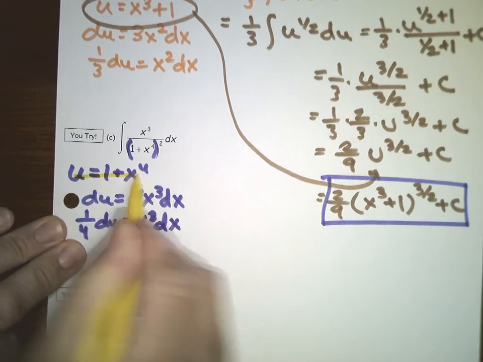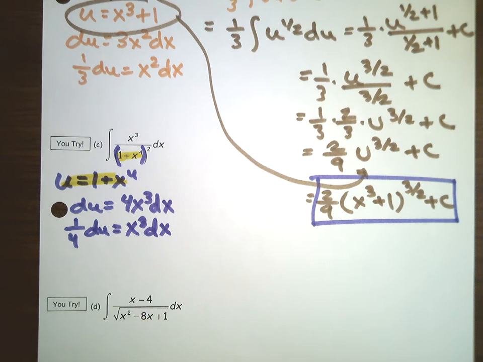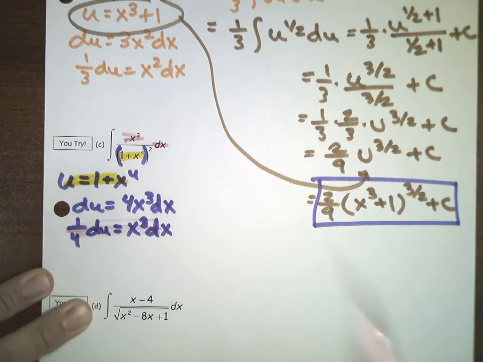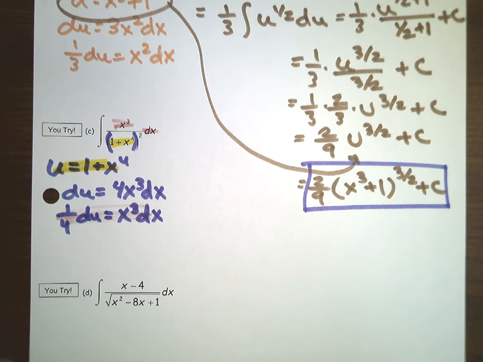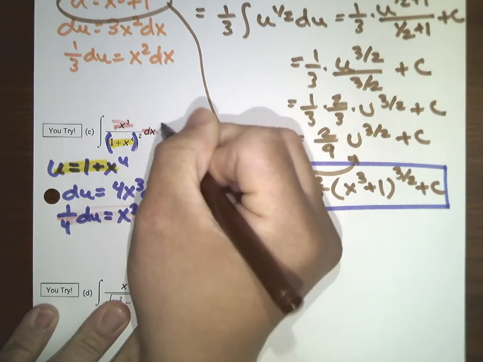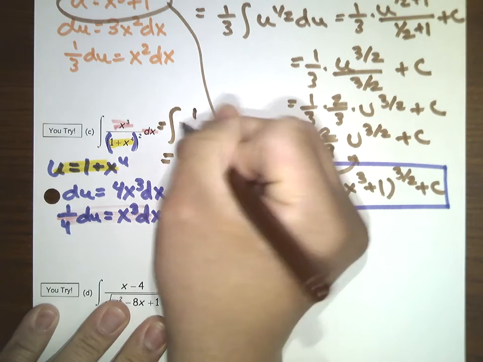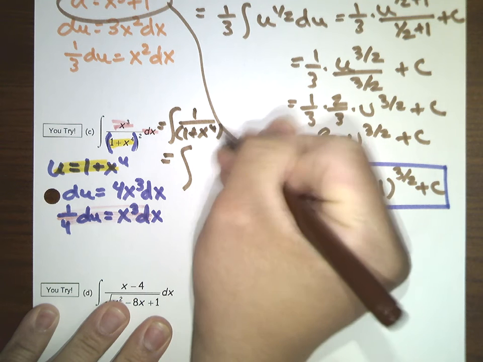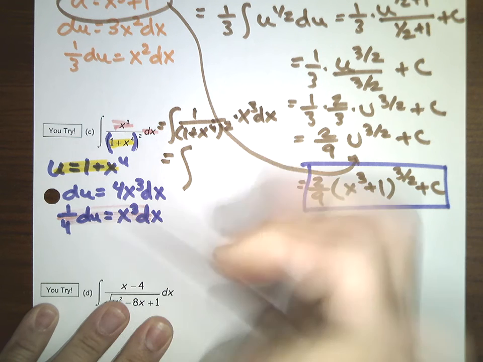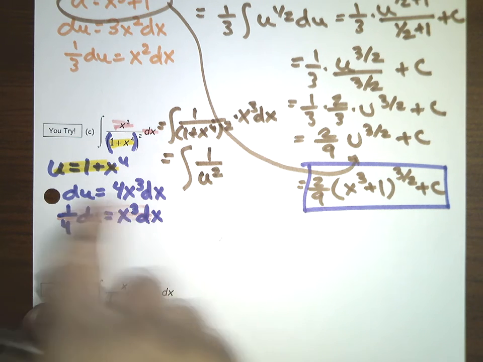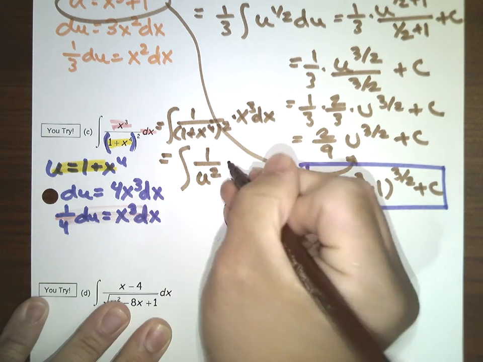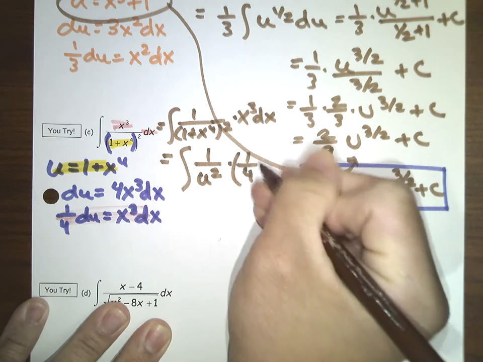So this right here was u, and this right here is x to the third dx. So what I have here is the integral of 1 over 1 plus x to the fourth squared times x to the third dx, which I can rewrite as 1 over u to the second power, because u was 1 plus x to the fourth, and x to the third dx is the 1/4 du.